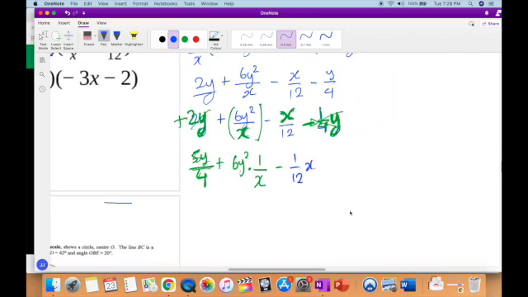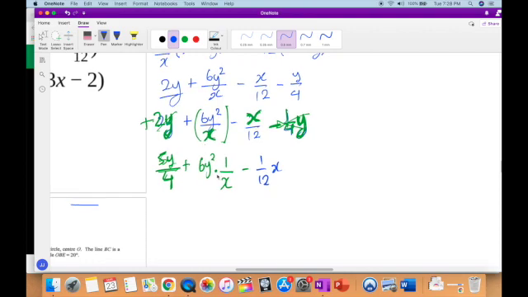And the laws of indices says that 1 over x to the power of 1 is the same as x to the power of negative 1.